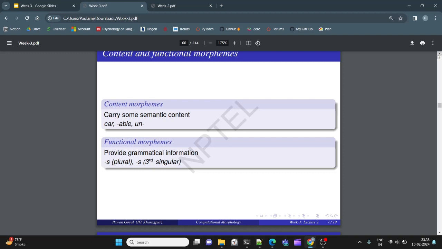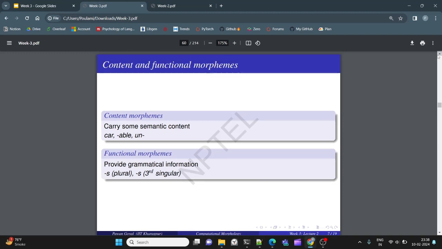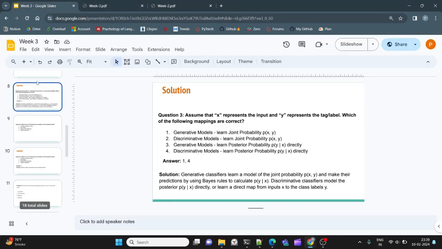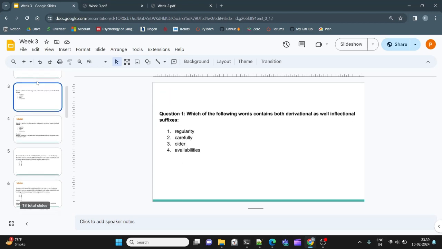So what is the difference between content and functional morphemes? Content morphemes, as the name implies, carry some semantic content. For example, we see over here car, able, un. Able means whenever you add the suffix able to anything, it means the ability of doing that. We saw the example as well: available was there in the first question.